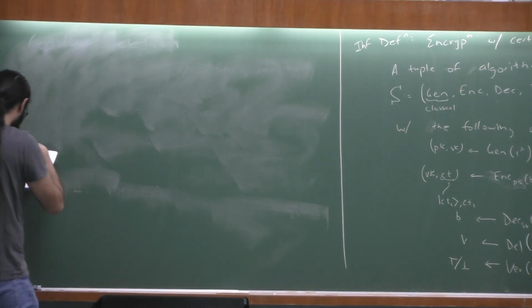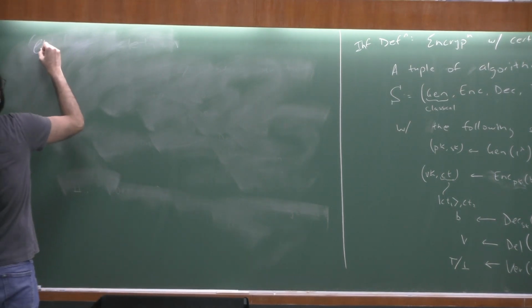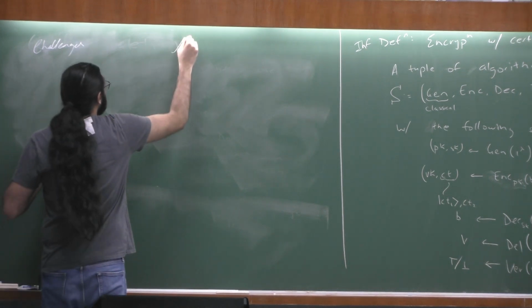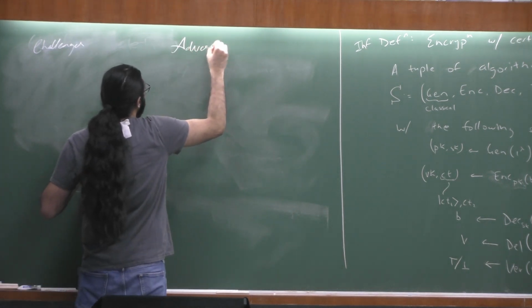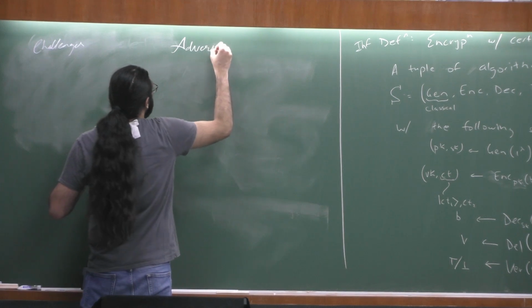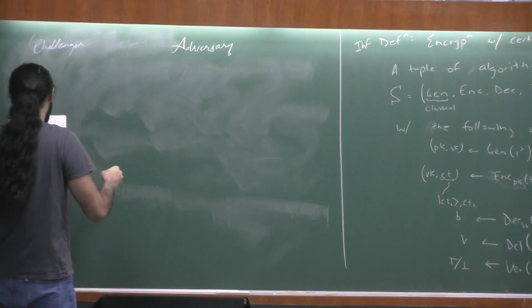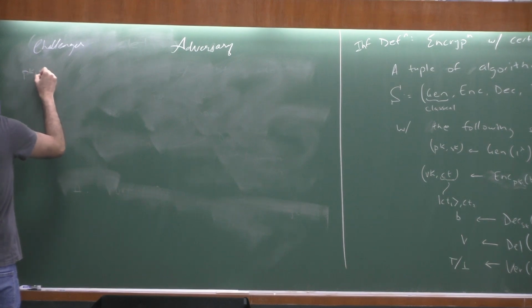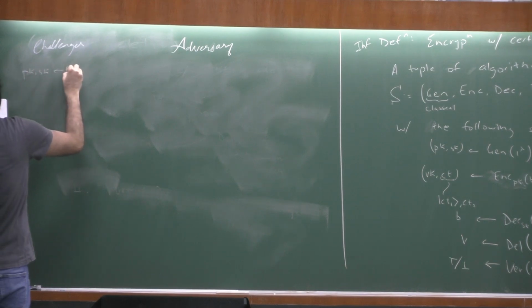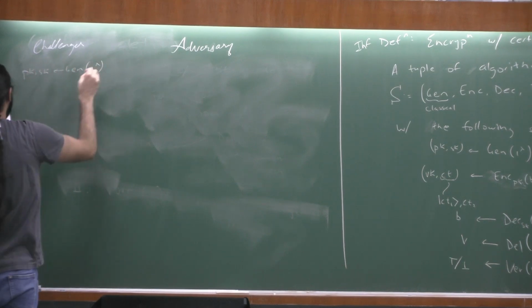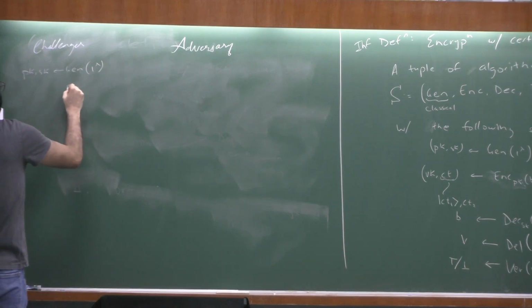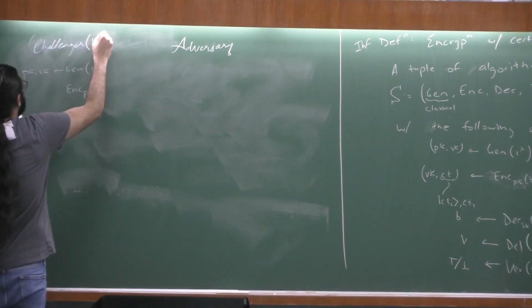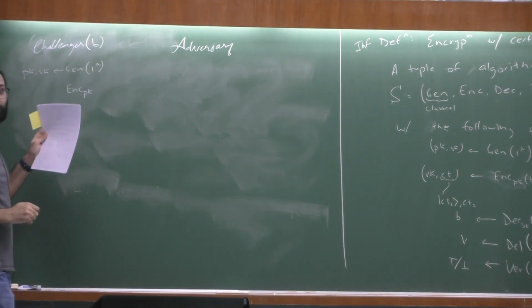Okay, so the construction is as follows. There's the challenger, and then there's the adversary. The challenger produces PK, SK from Gen, and gets as input a bit b, which is in the experiment.